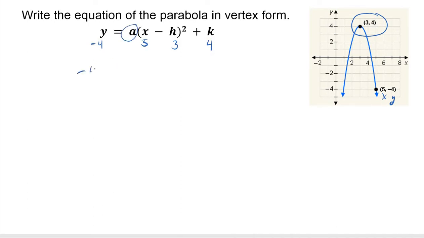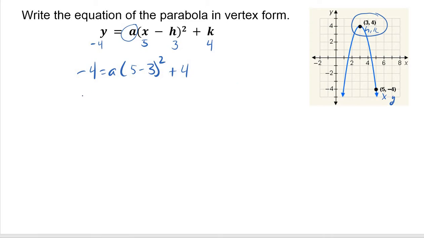So let's do that. -4 equals a times (5 minus 3) squared plus 4. Remember, I just substituted all those values in from this h, k they gave me. Again, h, k, their vertex, and x, y, just another additional point.